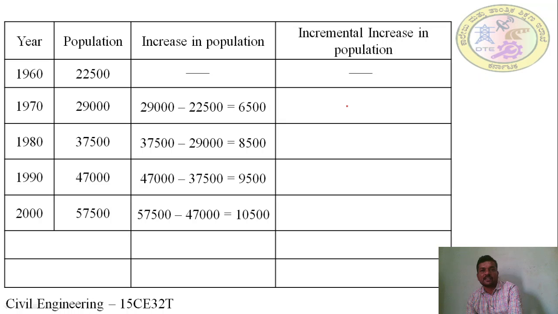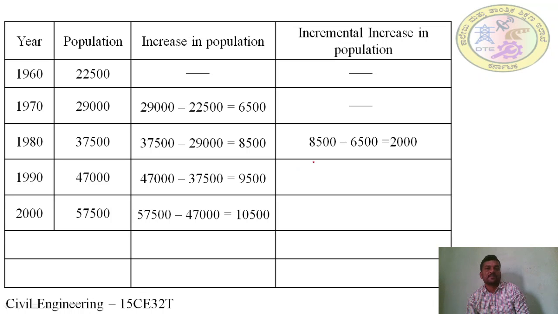This also becomes nil. The incremental increase in population for 1980 is the increase in population of 1980 minus the increase in population of 1970, which is 8,500 minus 6,500, that is equal to 2,000.